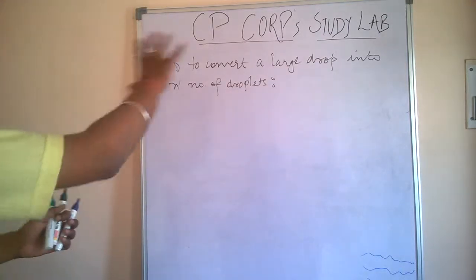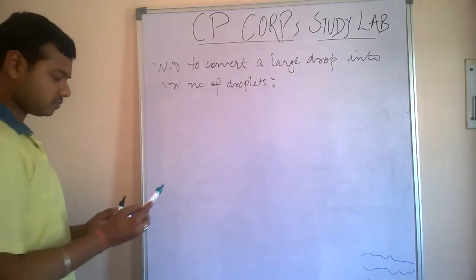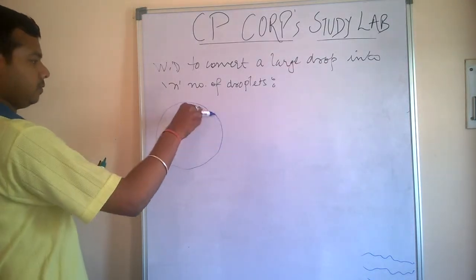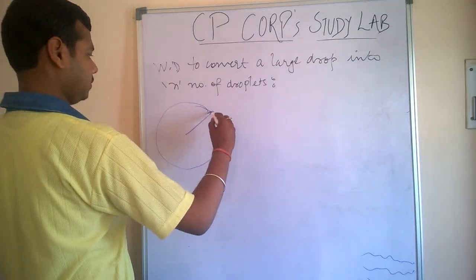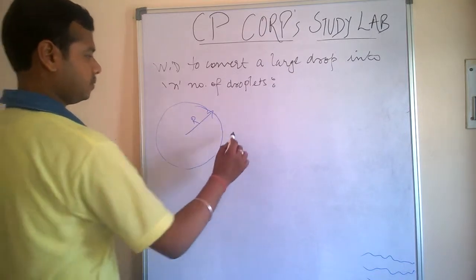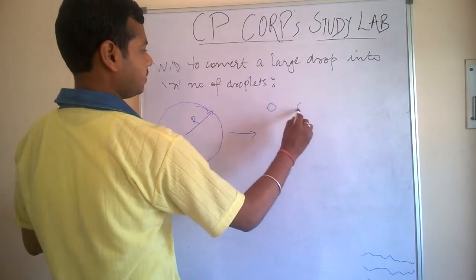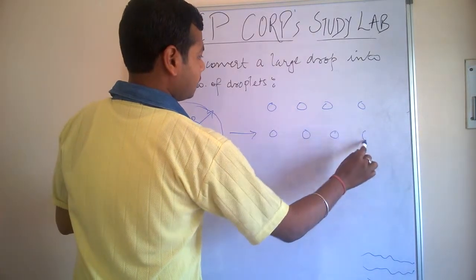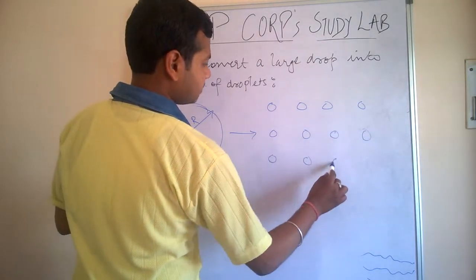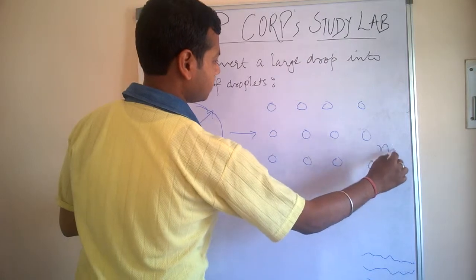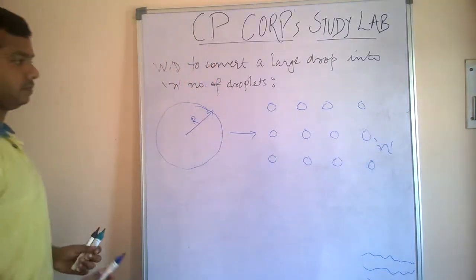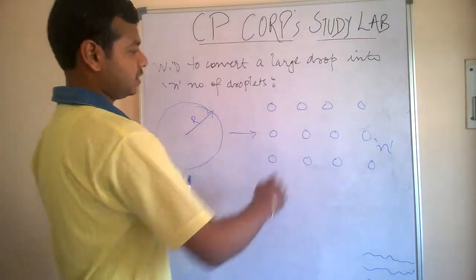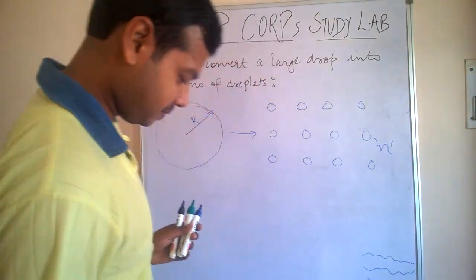I'll be giving a general relationship. Suppose a big drop of radius capital R splits into many small drops, n drops. A big one splits into n number of drops.